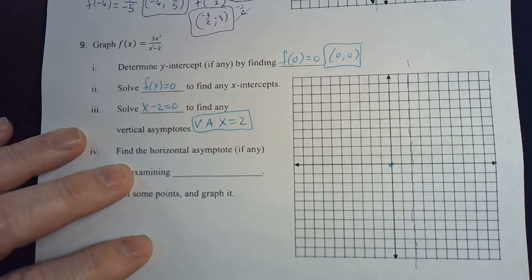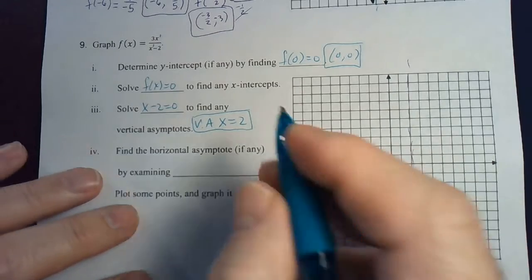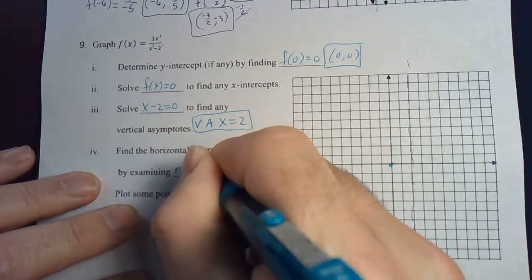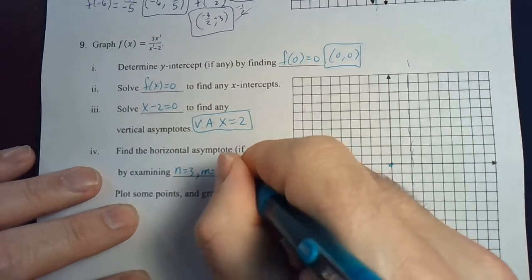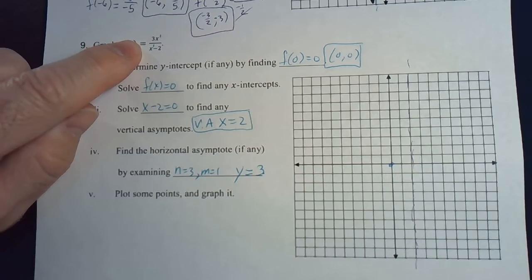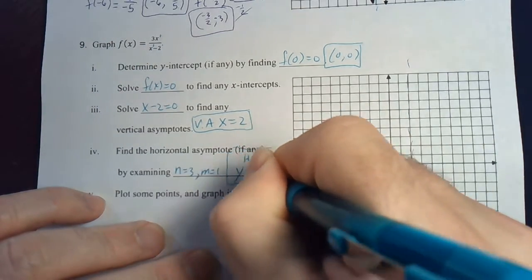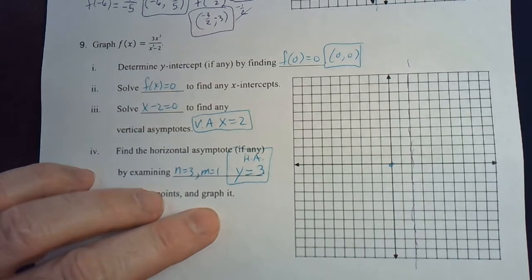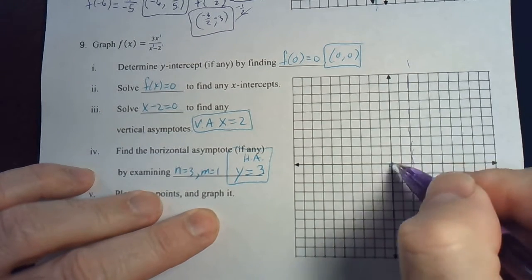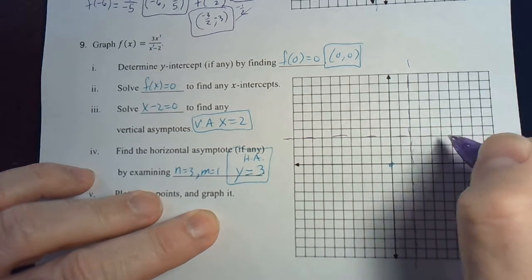So they're the same. So the horizontal asymptote will be y equals n over m, where n is equal to 3, m is equal to 1. So y equals 3 over 1 is the horizontal asymptote. So y equals 3. 1, 2, 3. Horizontal line.